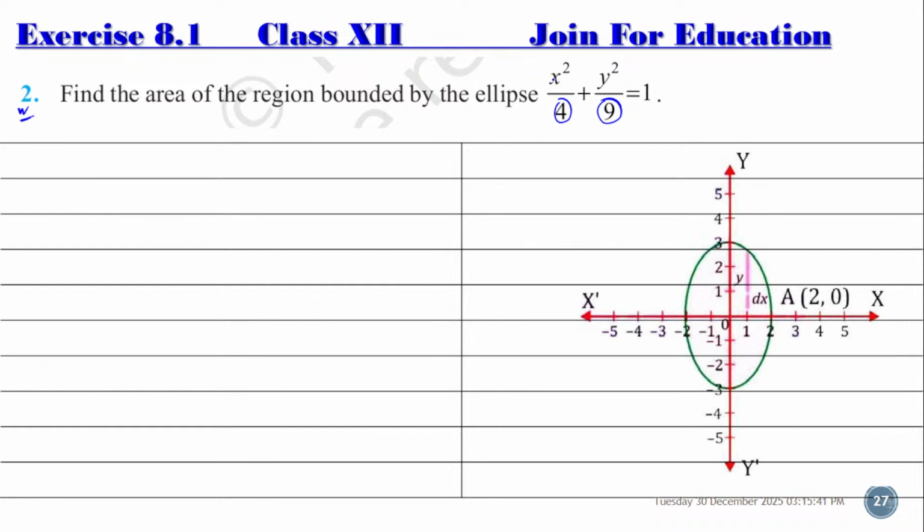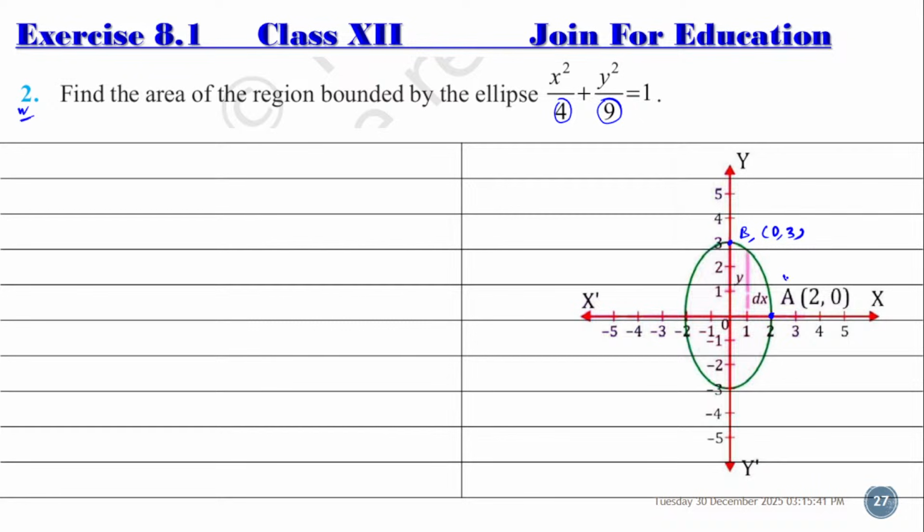When x equal to 0 then y will be 3. So the coordinate of this point, suppose this is B, is 0, 3. When y equal to 0 then x equal to 2.